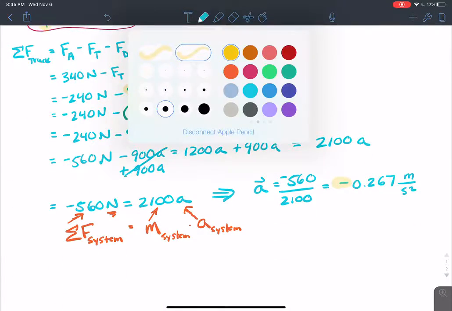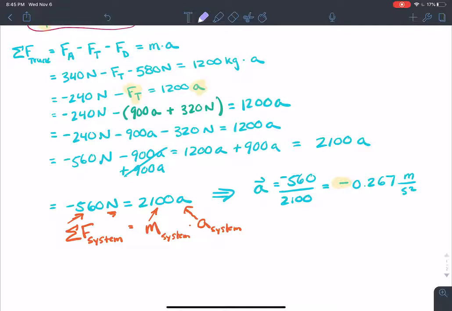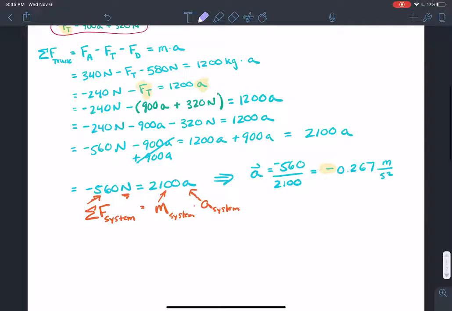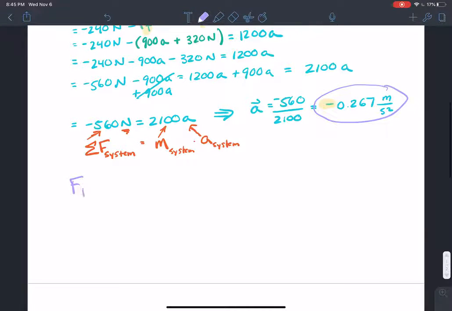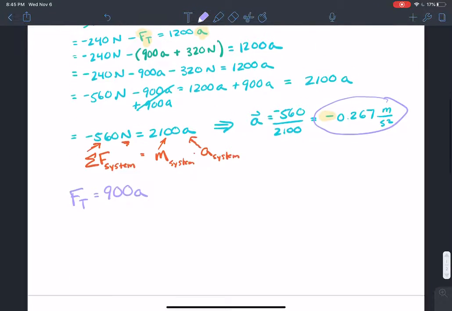So our final step now, let's pick a color we haven't used. How about this purple? Our final step is to take this acceleration and plug it into an equation that has T in it. If we go all the way back up, we see that the force of tension T is equal to 900 times A plus 320 newtons. So that equals 900 times a negative 0.267, coming from this number here, plus 320 newtons.